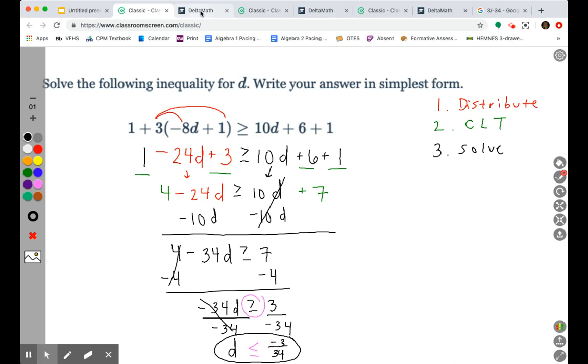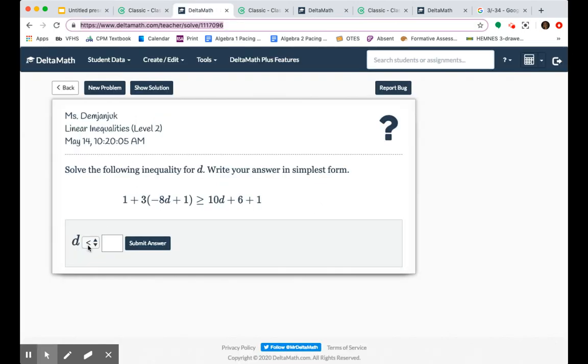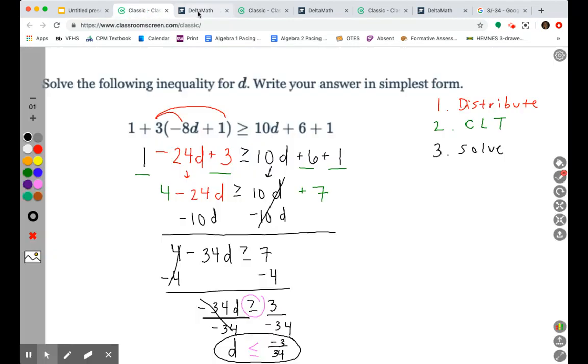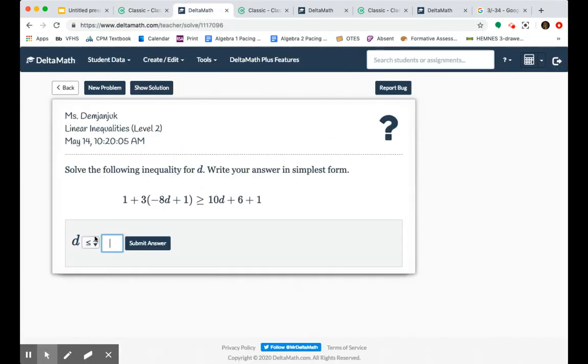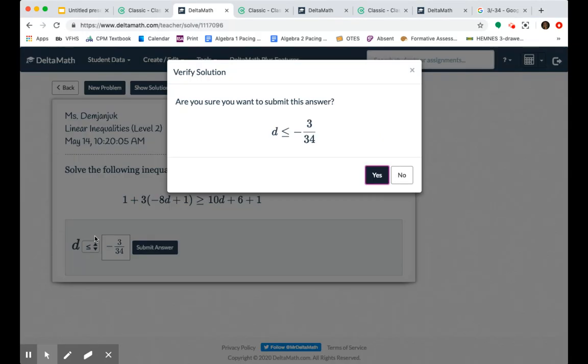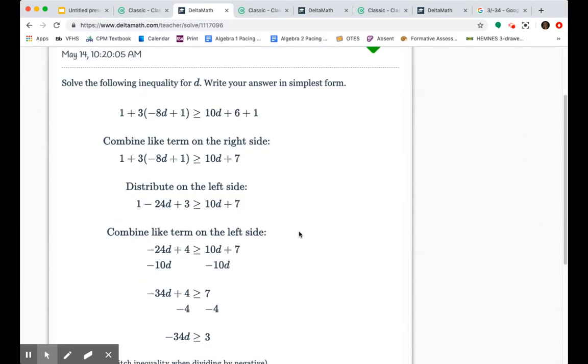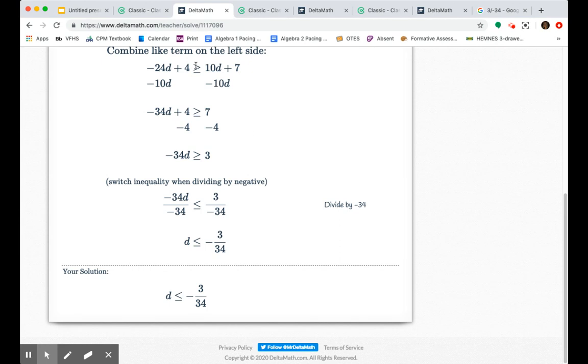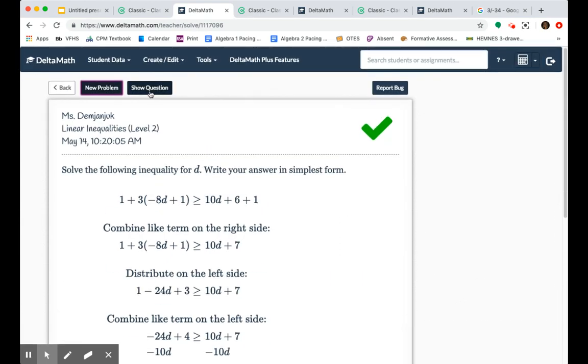So you can go to your Delta Math. We need to do less than or equal to. And we have negative 3 over 34. So you can see that your answers aren't always nice full numbers. Sometimes you get weird fractions, but that's okay.